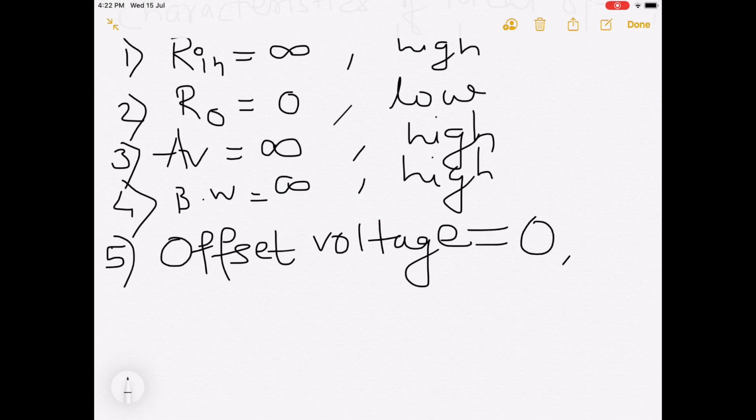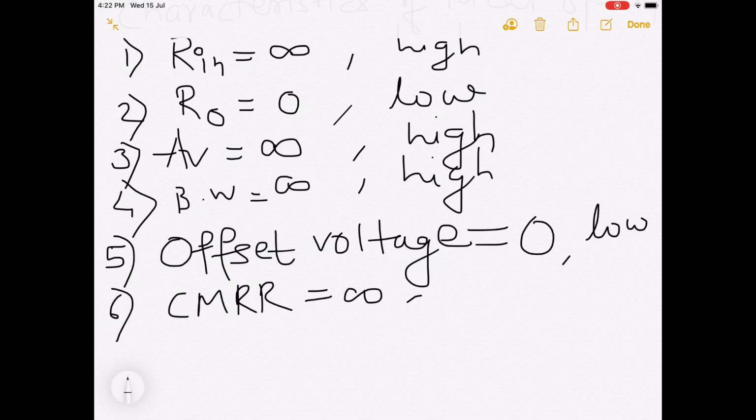Ideally it should be 0, practically very, very low. Next is CMRR, which should ideally be infinite, practically high.